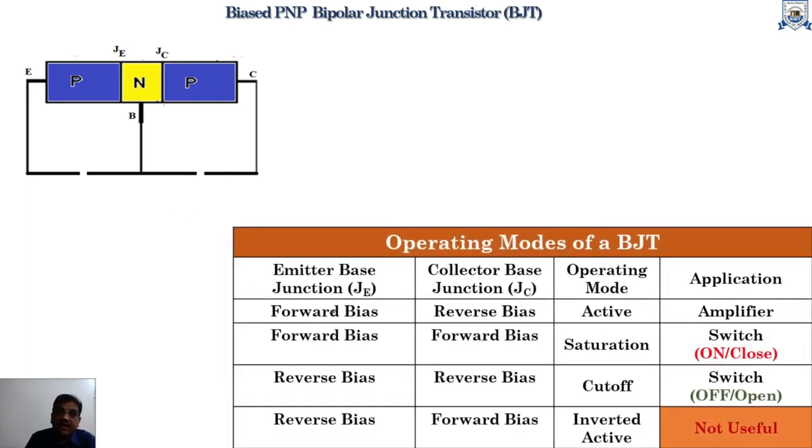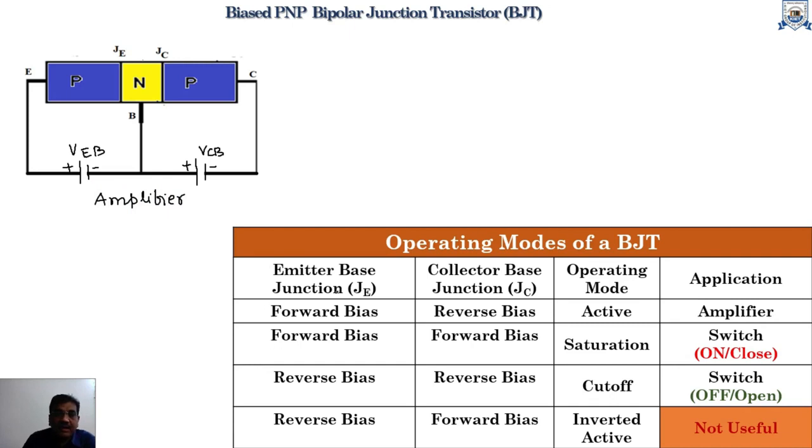The emitter-base junction is forward biased, so the emitter terminal is connected to the positive potential of the battery and the base terminal to the negative potential, by a voltage source VEB. At the same time, the collector junction is reverse biased. To make the collector junction reverse biased, the collector is connected to the negative potential of the battery and the base to the positive potential, by a voltage source VCB. In this case, the PNP transistor can act like an amplifier.